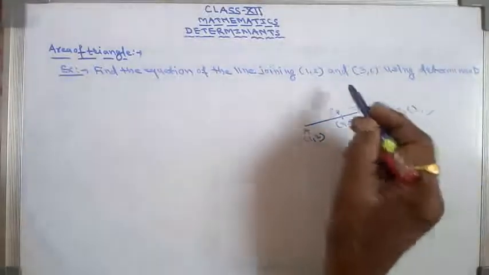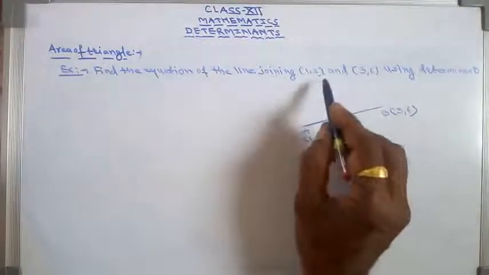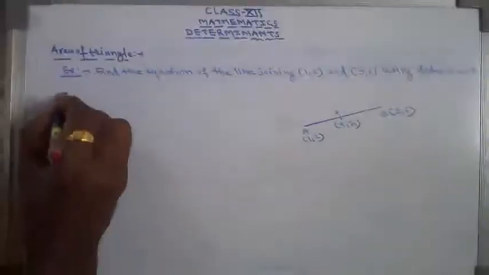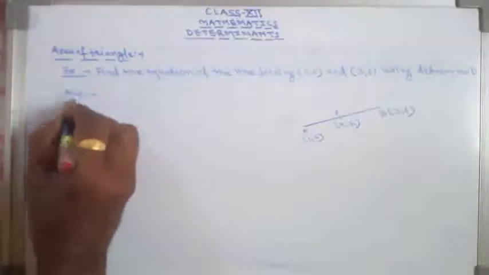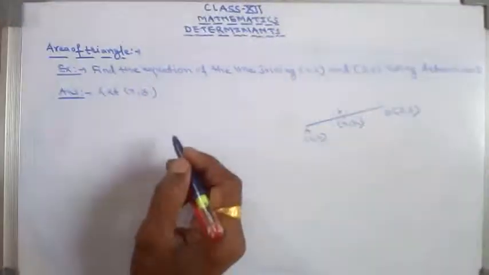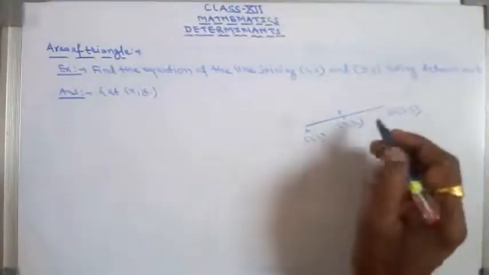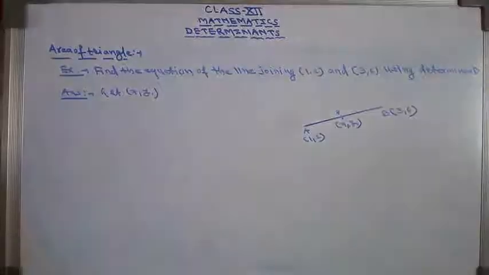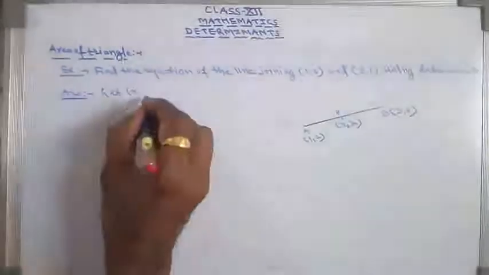So to find the equation of the line joining the points (1, 2) and (3, 6), let (x1, y1) be the point, or you can take simply (x, y), because I have to write the equation in terms of x and y.